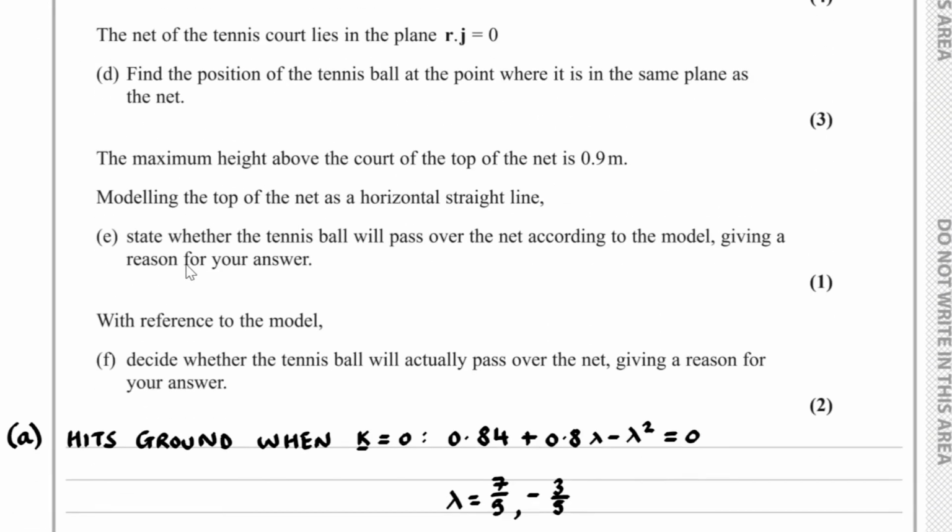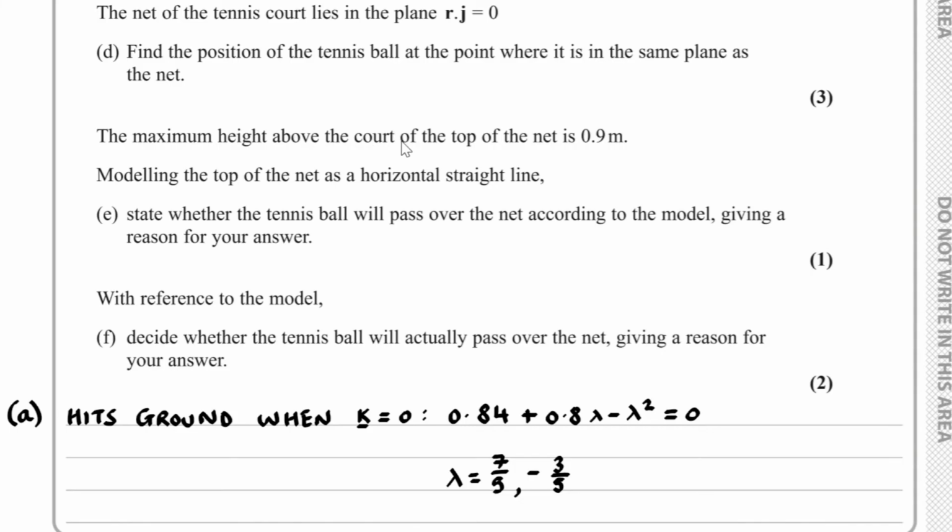And then for part E, the maximum height above the court of the top of the net is 0.9 meters. Modeling the top of the net as a horizontal straight line, we have to state whether the tennis ball will pass over the net according to the model, giving a reason for your answer.